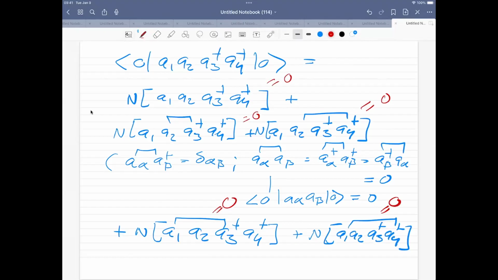Because a term like this one means simply that I'm going to have a Kronecker delta. There's going to be a minus sign because I switch A1 and A2. So I get a minus, and then I have a Kronecker delta of 1 and 3. That is a contraction. And then I have the normal ordering of A2 with A4.